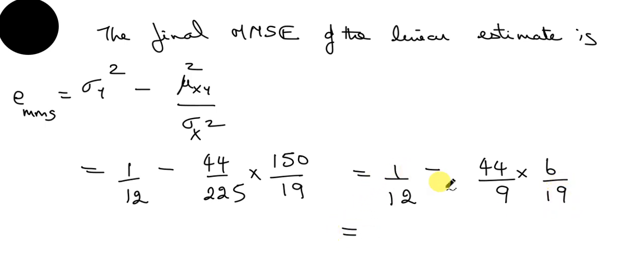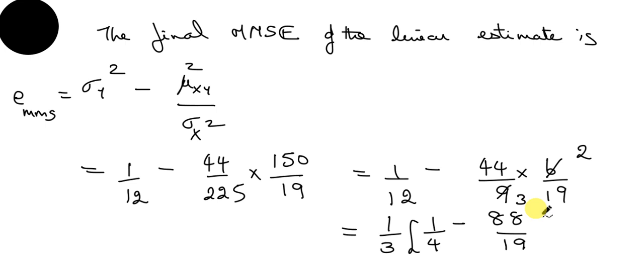So you have a 1 by 3 common again. If you are interested, it is 1 by 3 into 1 by 4 minus 44. Here you will have a 3, here you will have a 2, so minus 88. This 3 has come out divided by 19. Please evaluate this value. This value will give you your EMMS.